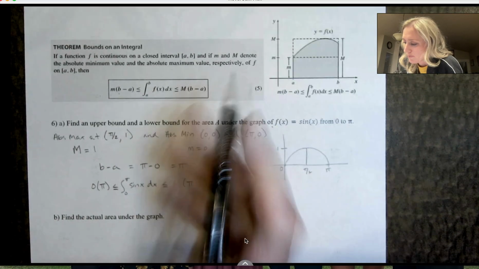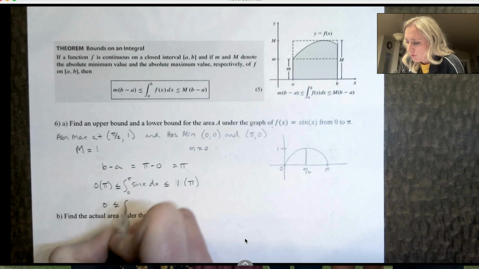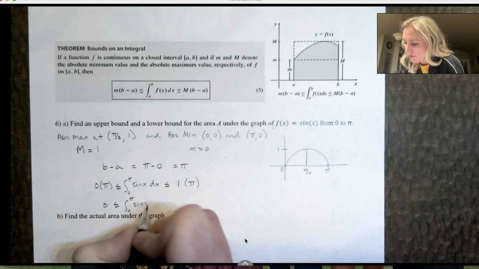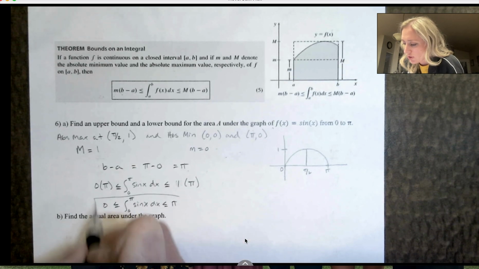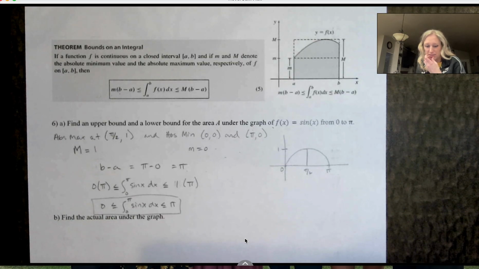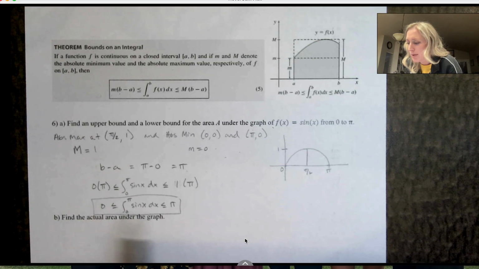I can plug that in. Okay, and so 0 is less than or equal to our integral from 0 to pi of sine x dx, which is less than or equal to pi. So this one actually matches our bounds. That's not always going to be the case, you guys. This just kind of happens in this setting. But that's how we find that lower bound and upper bound.